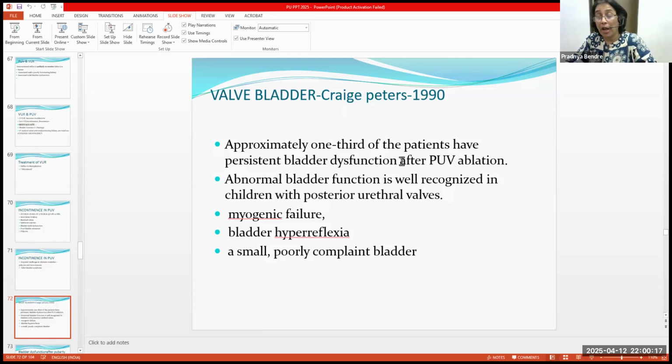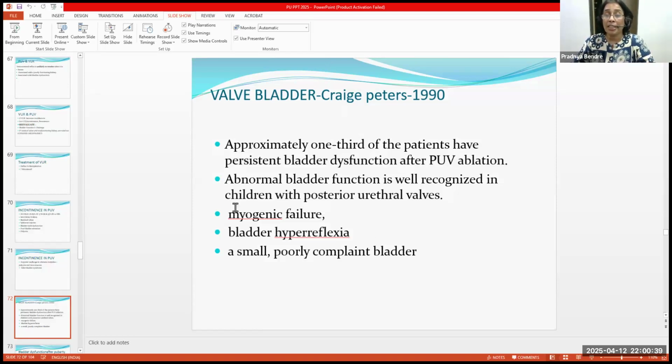As they enter adolescence, they become non-compliant with the medication. If you have put them on CIC, they become non-compliant with the CIC, and they start holding, they don't pass urine for a longer time, and these multiple factors put together end up with formation of the valve bladder.